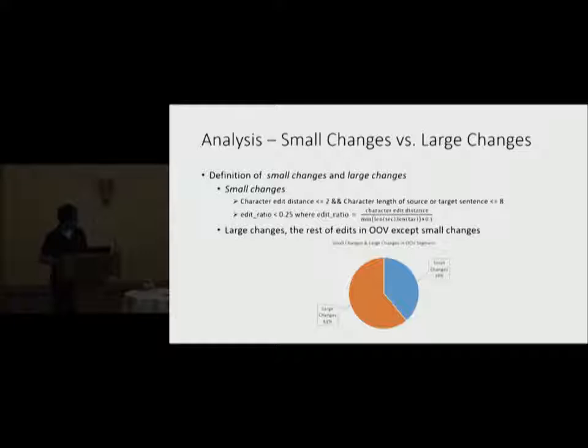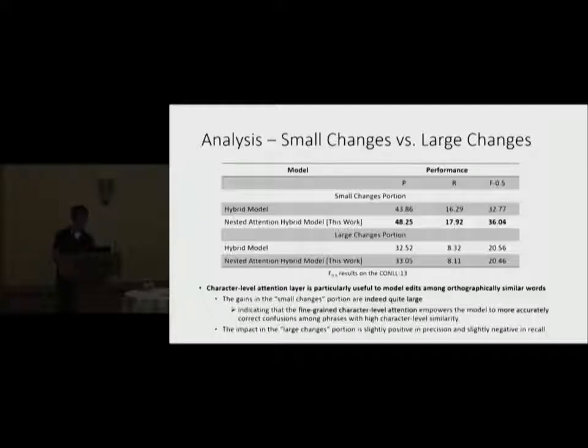Then we generate a rule-based definition to separate the small change from the large change. We got 39% for the small change, and the rest is large change.